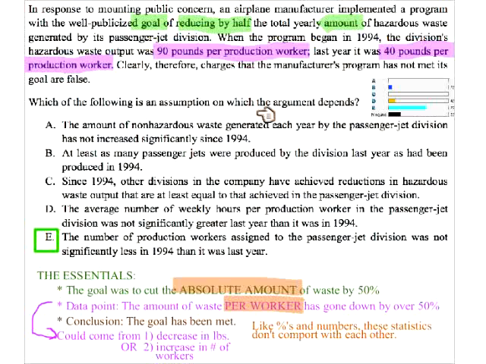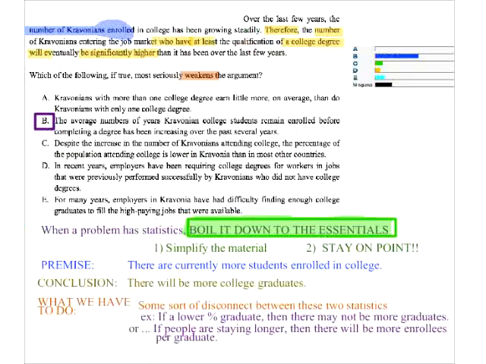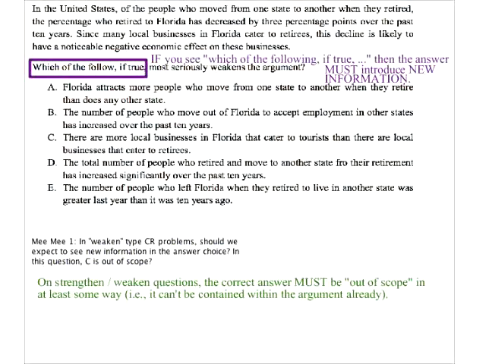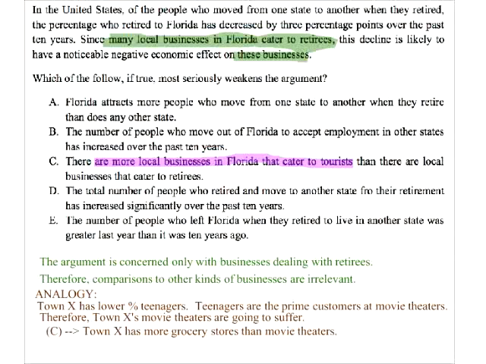But if you still don't understand why some choice is wrong, then it's best to make an analogy, kind of like this one that we made here.